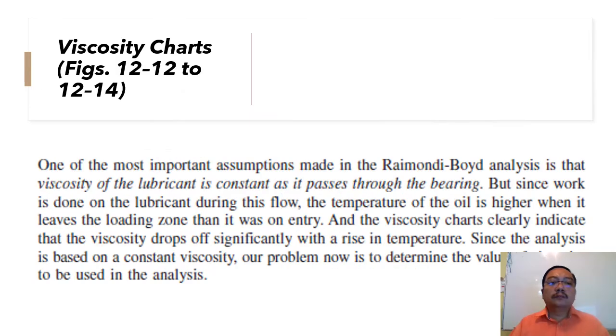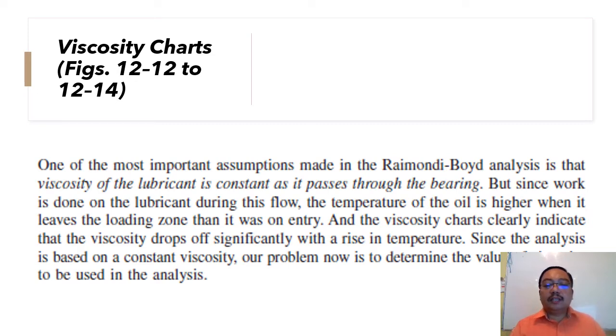One of the most important assumptions made in Raimondi and Boyd analysis is that viscosity of lubricant is constant as it passes through the bearing. But since work is done in the lubricant during this flow, the temperature of the oil is higher when it leaves the loading zone than it was on entry.